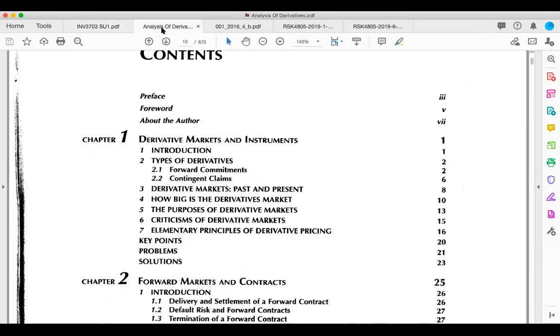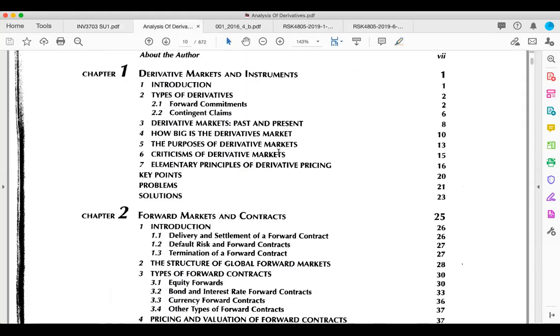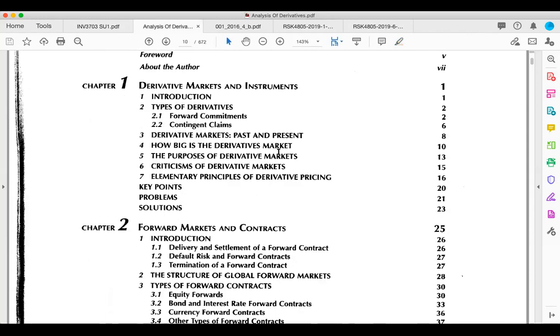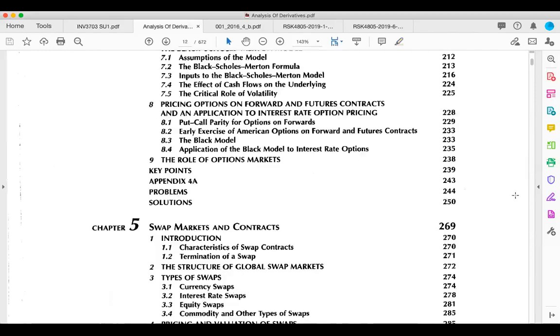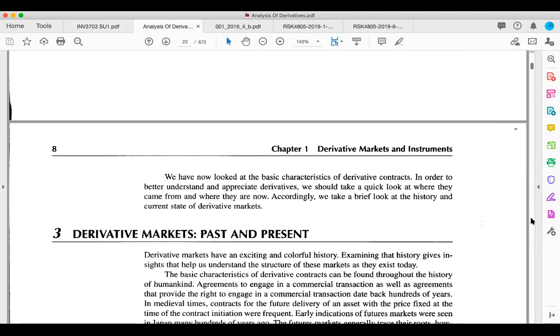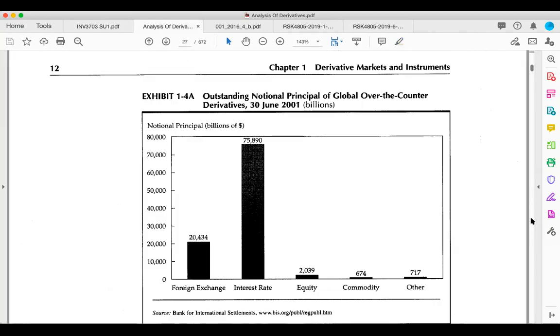Okay, so that brings us to an end of study unit 1, which is a very long and theoretical study unit. I hope the content I've been going through has been helpful in introducing you to what derivatives are all about.